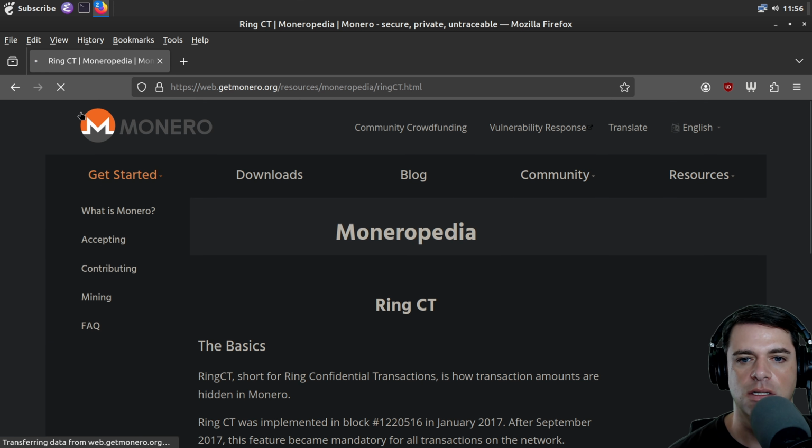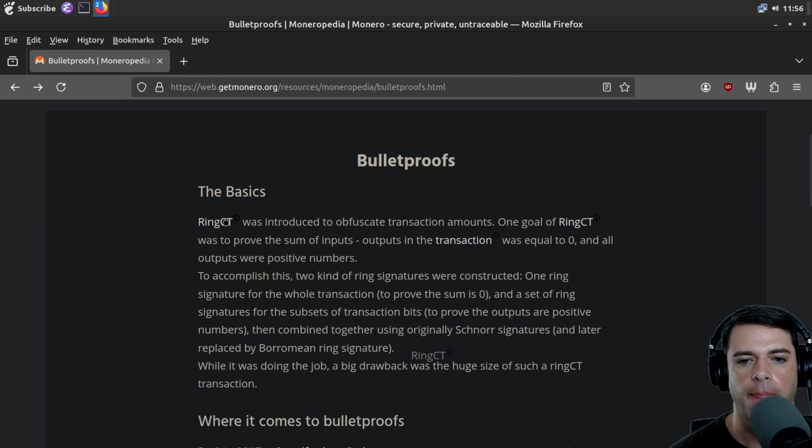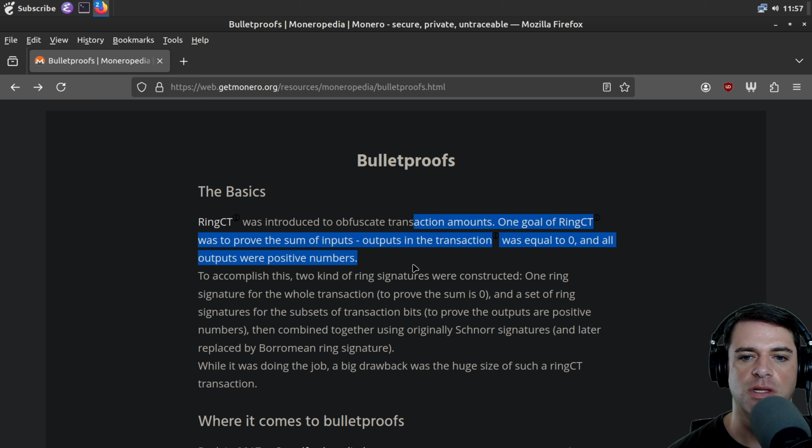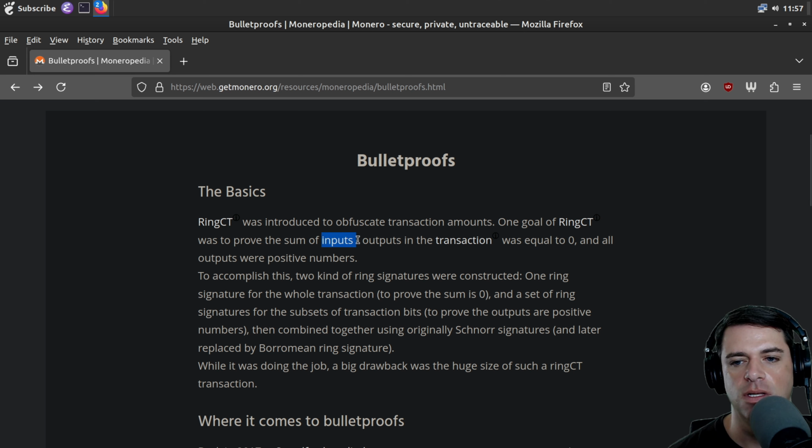Ring CT. We'll look up ring CT. Was introduced to obfuscate transaction amounts. One goal of ring CT was to prove the sum of inputs minus outputs in the transaction was equal to 0. Okay, so to prove that the outputs should be, I guess, negative numbers, the inputs are positive numbers, and when you sum over all of them, you should get 0.